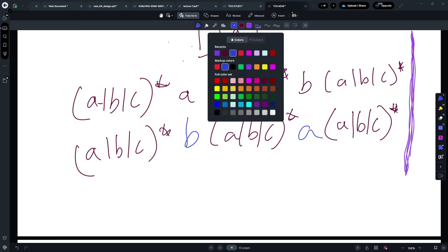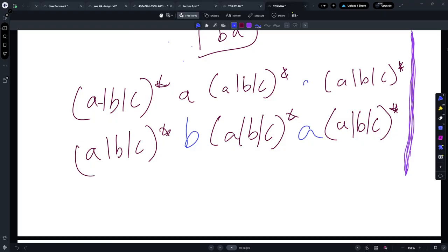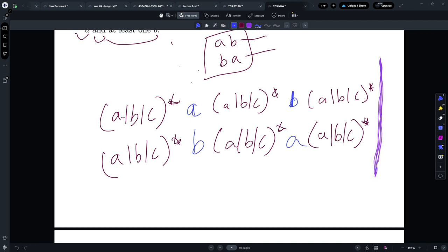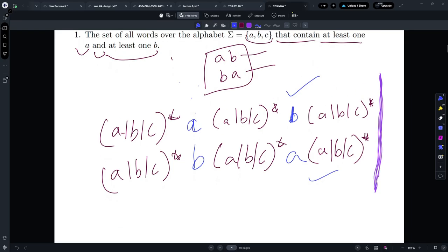And an A. That's the part. These are the two possibilities. So you either take this or you take this. Both of these paths will guarantee that you have at least one A and at least one B, because there are only two possible options.